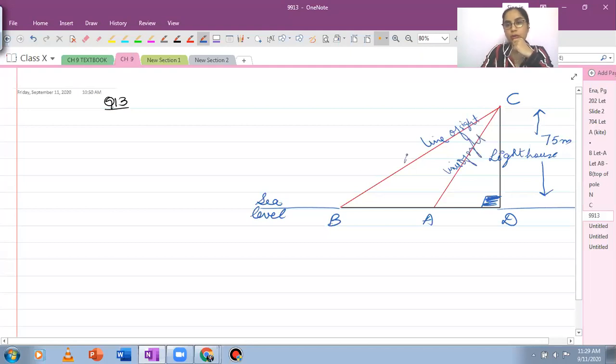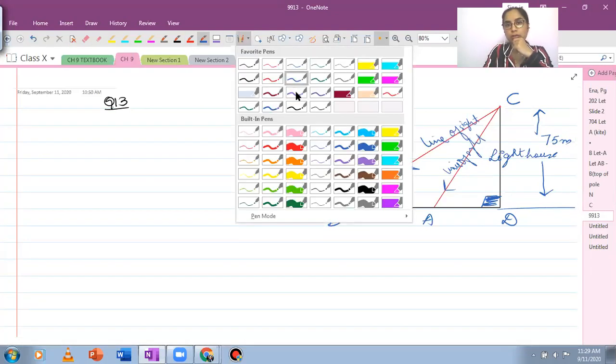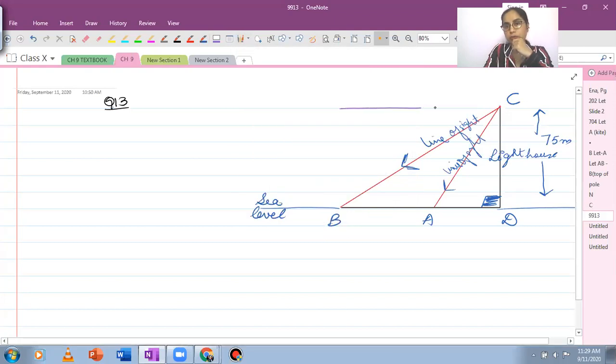Again, this is not required, और नीचे की तरफ देख रहे हैं. The angle will be shown by drawing a horizontal right through the point of observation. So this is the horizontal through point of observation. Angle will be formed here and here. These are the two angles of depression. The smaller one is 30 degrees, the larger one is 45 degrees. And then you can write down alternate interior angles are equal.